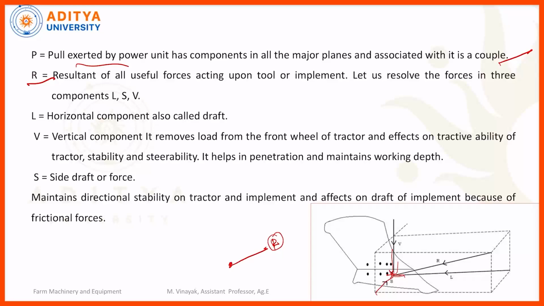This one is a vertical force, this one is a side draft, this one is a line of pull. This one is the horizontal component of pull, that is the draft. Draft force will act on it.